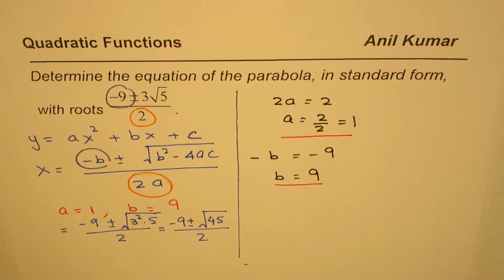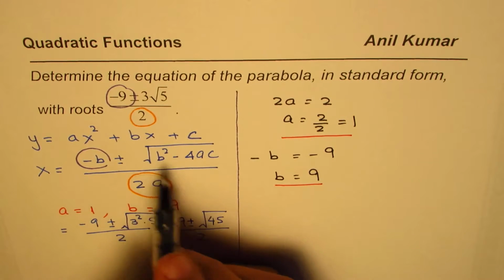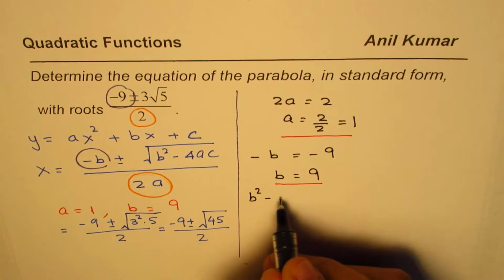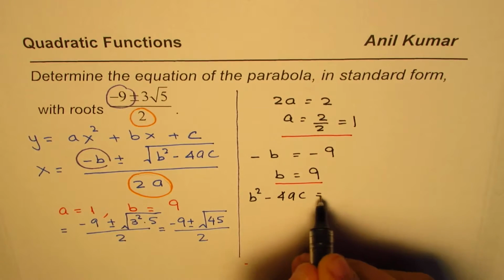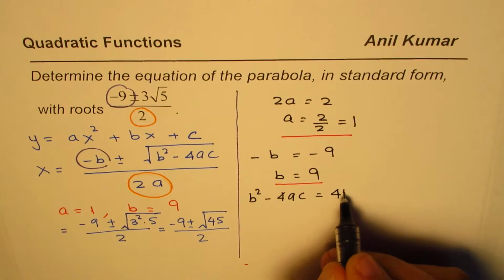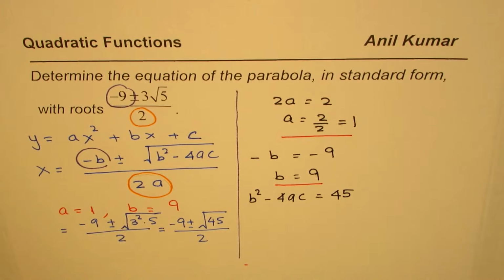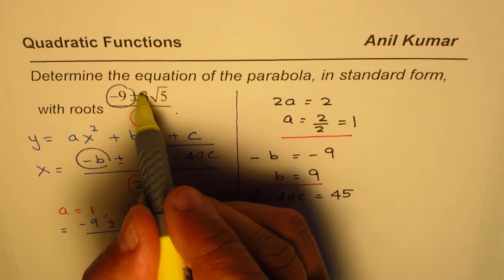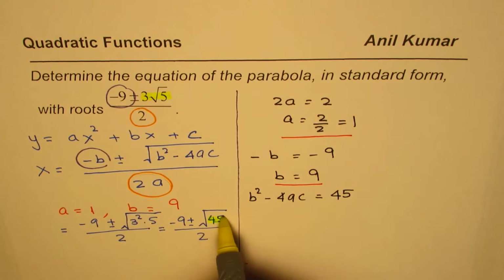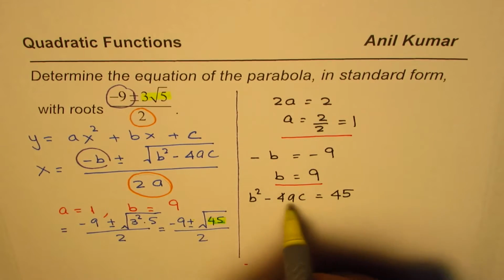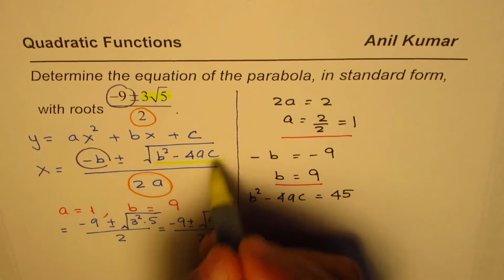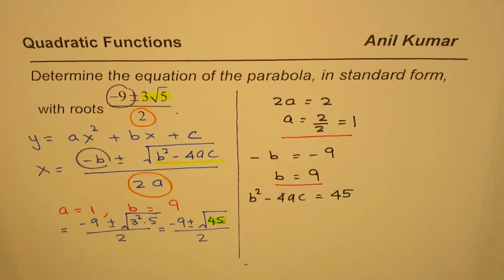So now what we can do is compare b² - 4ac with 45. So this term is equal to that term, correct? And that is how we compare them.